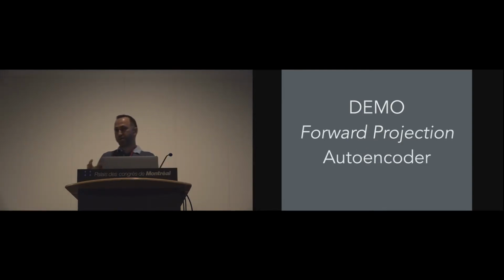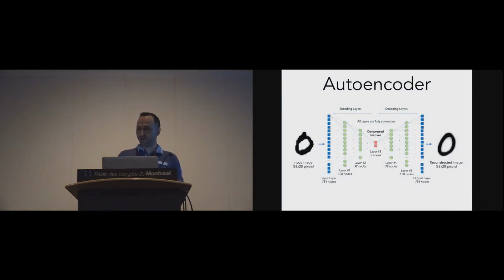PCA is one of the most popular linear dimensionality reduction techniques. We also want to apply the framework to a nonlinear dimensionality reduction technique. In this case, we use autoencoders. Autoencoders are neural network models.